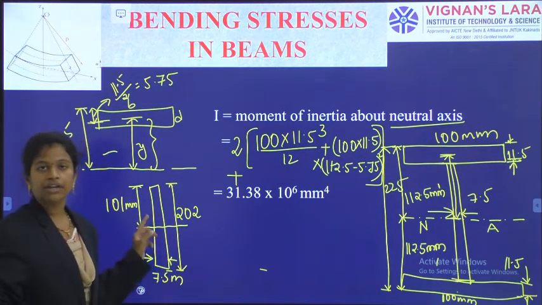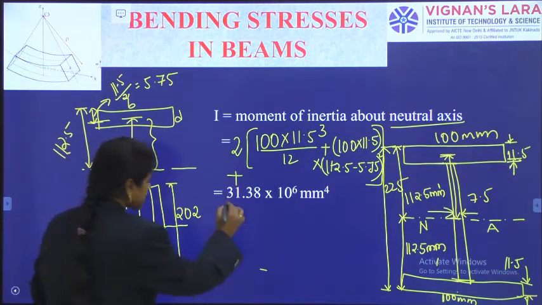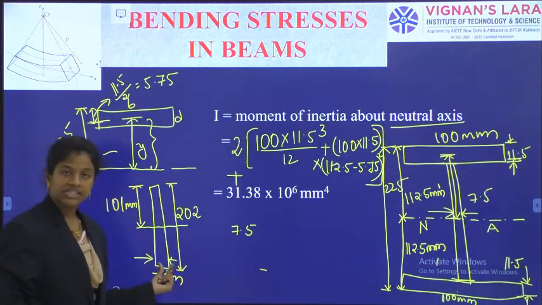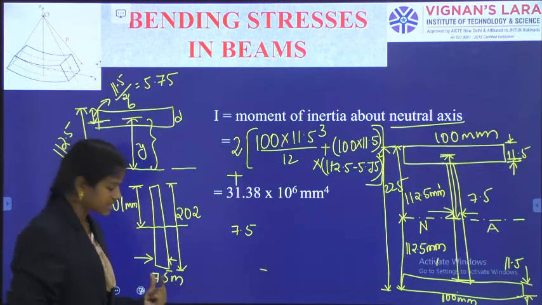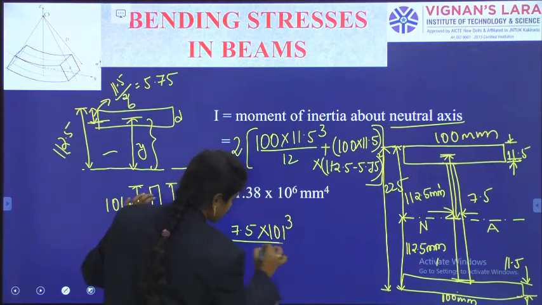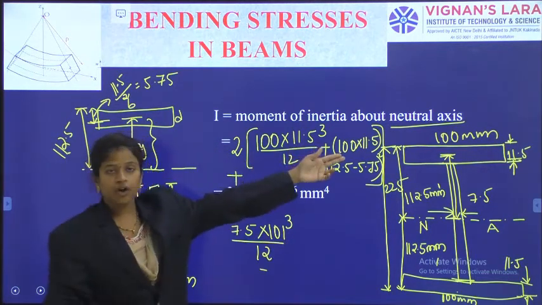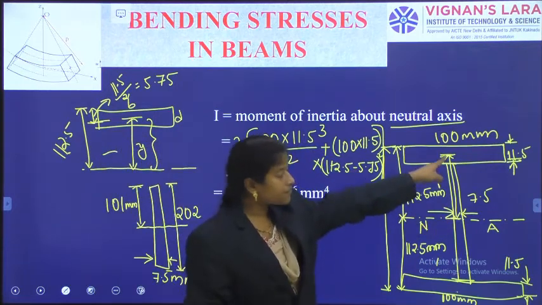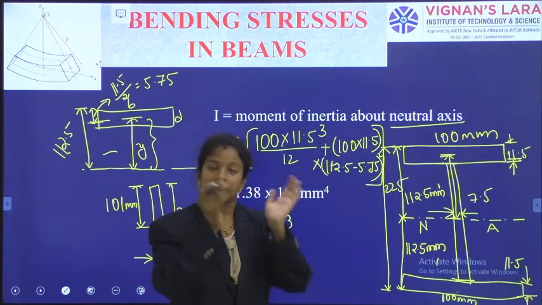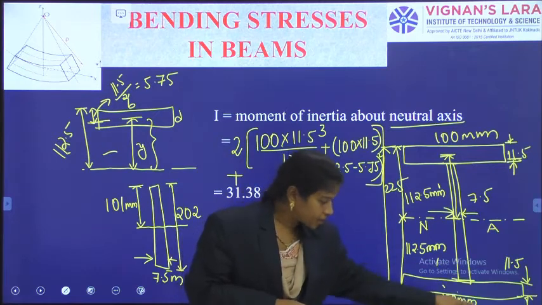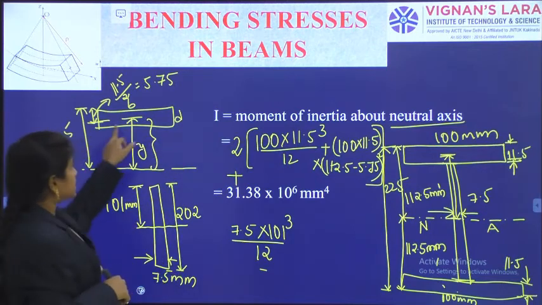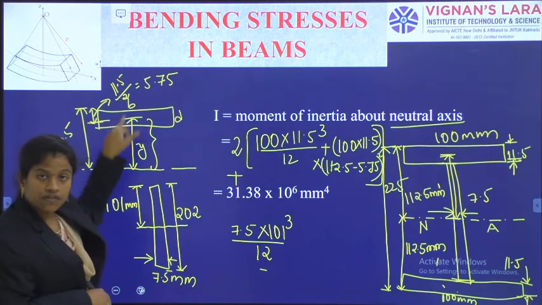So for this segment, I use the moment of inertia with B as the axis-parallel measurement, 7.5 mm, into depth 101 cube by 12. For the top flange, as it is away from the centroidal axis, I have added A into y square: B D cube by 12 plus A into y square. Here also B D cube by 12 plus A into y square, because y is the distance of the segment from the neutral axis.